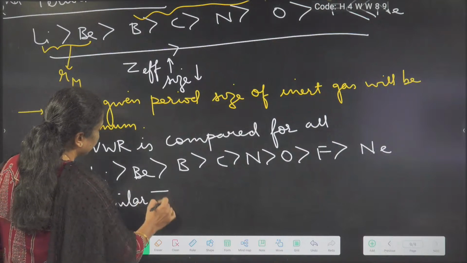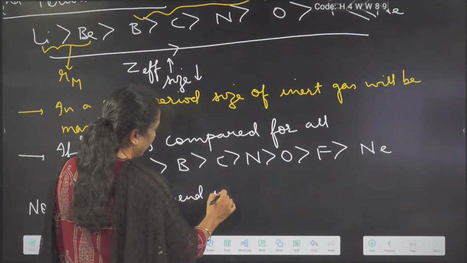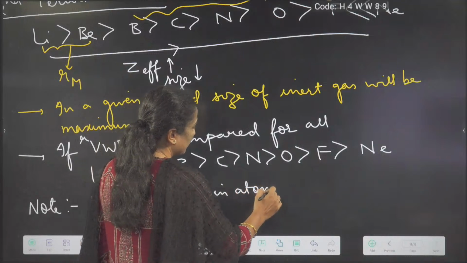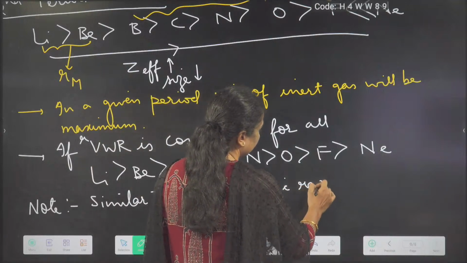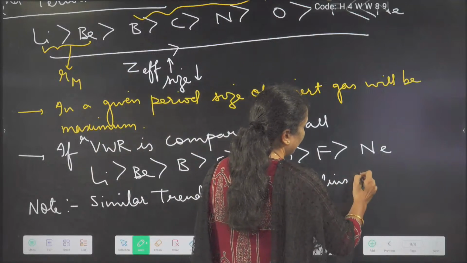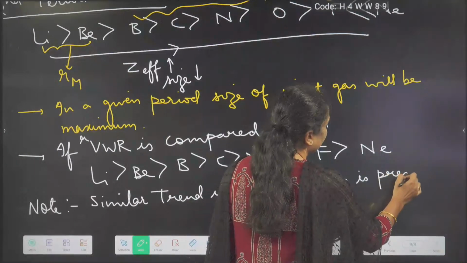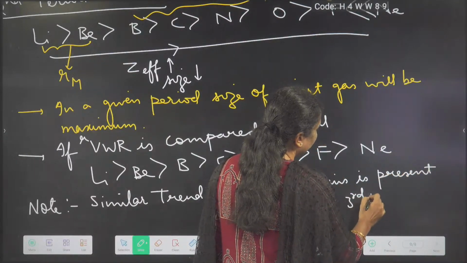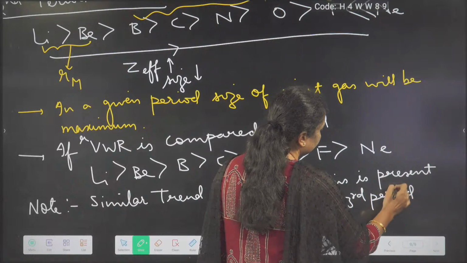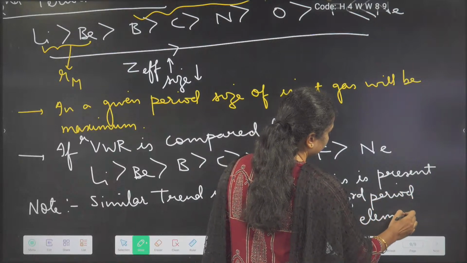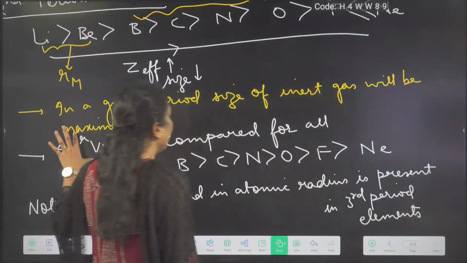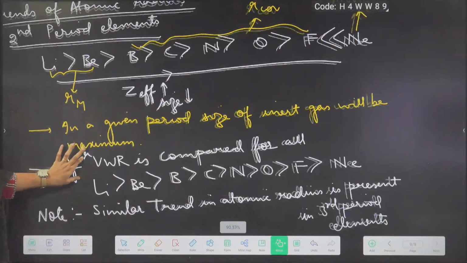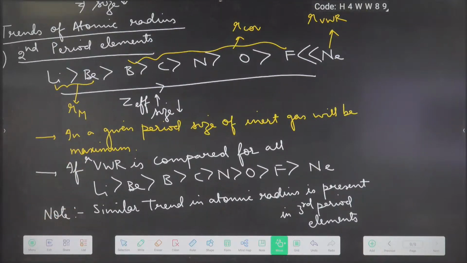Similar trend in atomic radius is found in third period elements. So please write it down and then we'll proceed further. Once you are done, let me know.